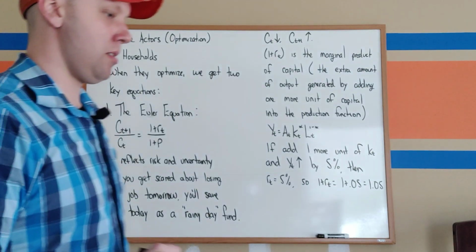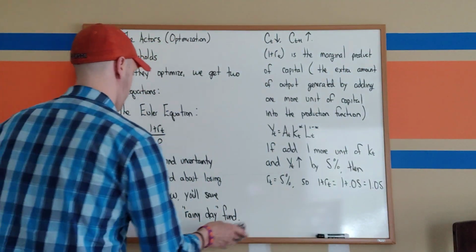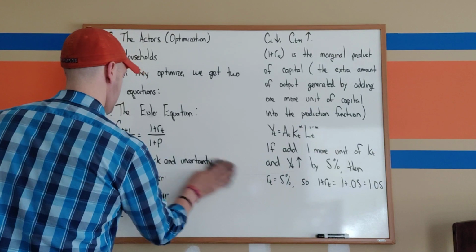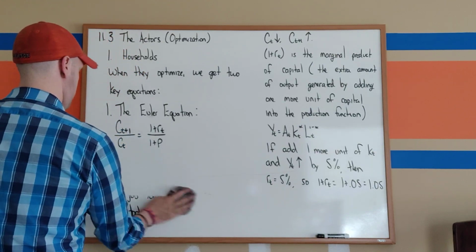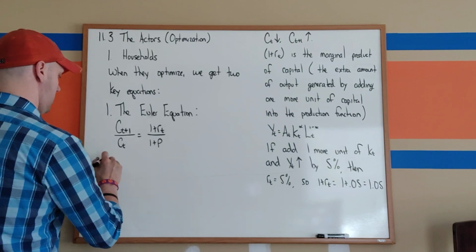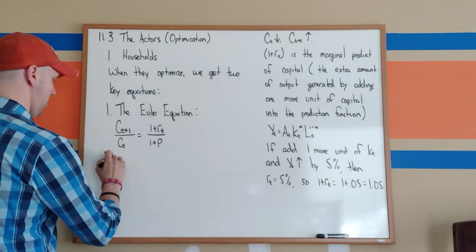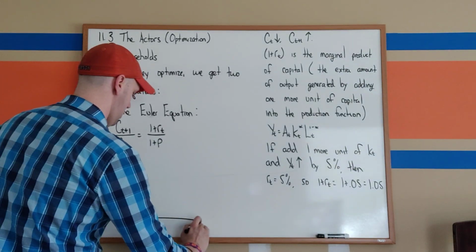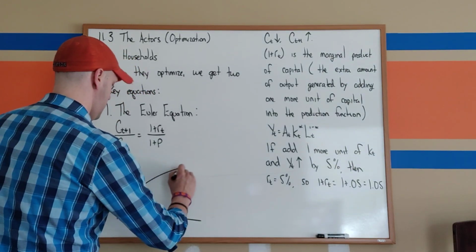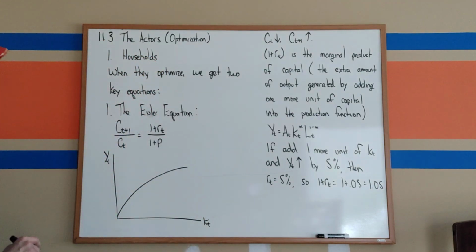Now, if I add more and more capital to production, then what happens? If we remember from the Solow growth model, the output is increasing at a decreasing rate with respect to the input of capital.